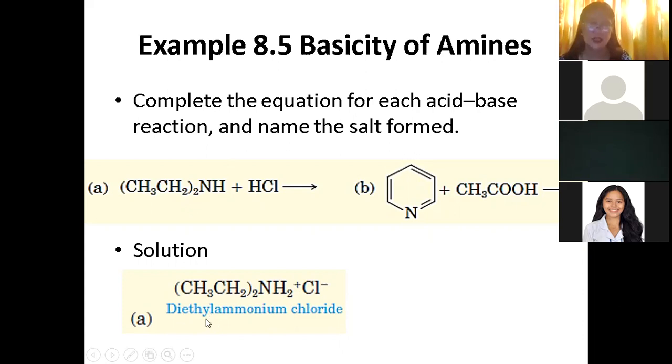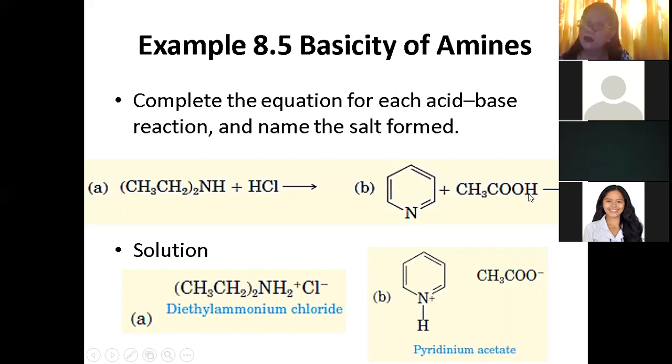And that is diethyl ammonium chloride. For B, your hydrogen will add up to the oxygen, and this will be in the form of a cation, and the acetic will form into an ion. Okay, so that is for the basicity.